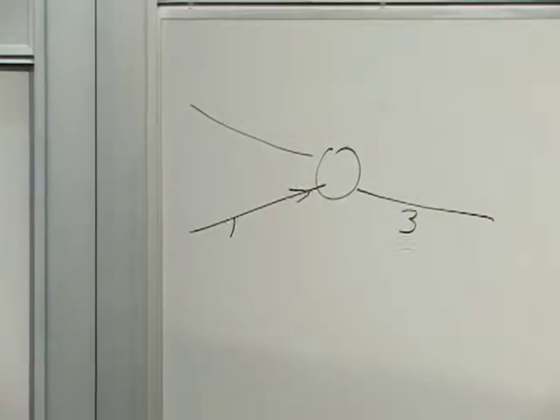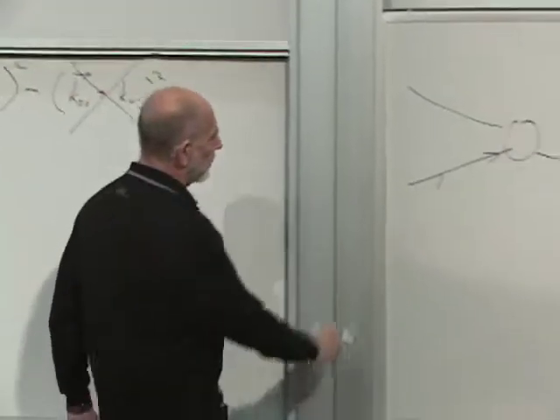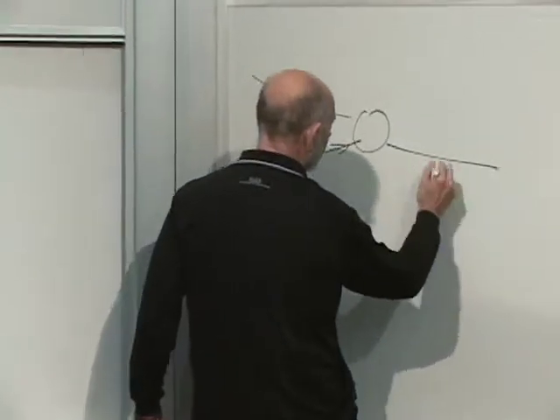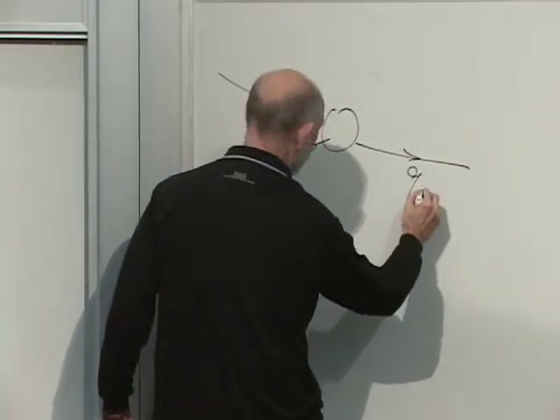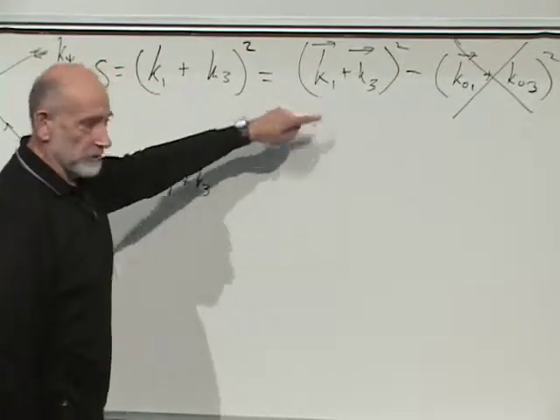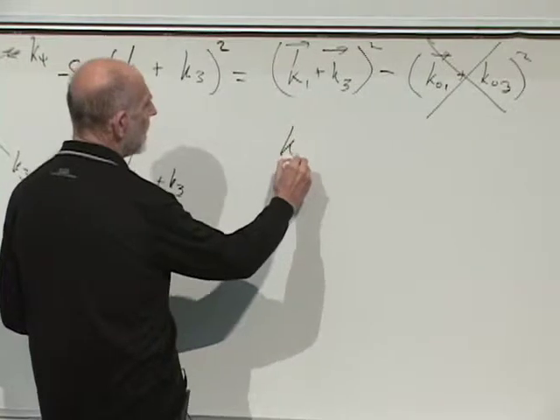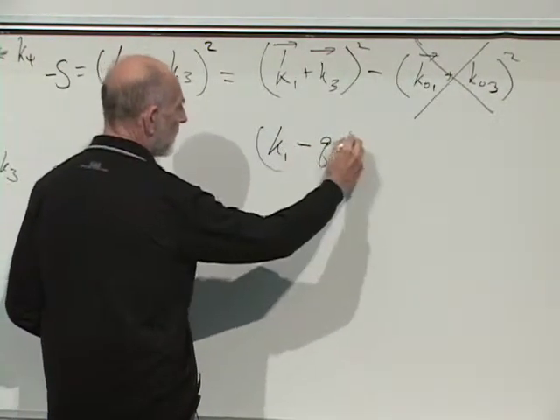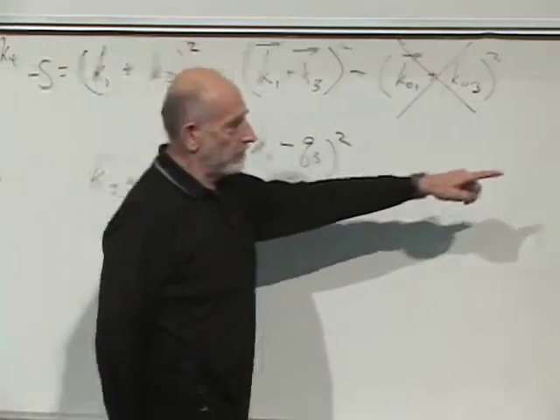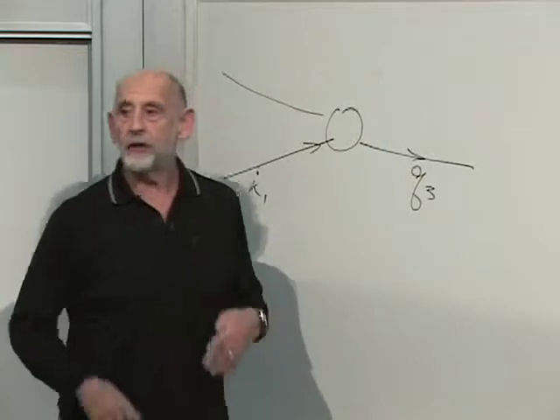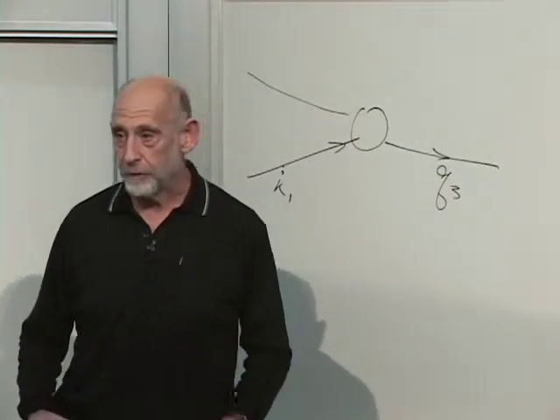If we label these particles with the K's, K1, and let's call this one now Q3, making it an outgoing particle, then really what this is is K1 minus Q3 squared. It's the difference of the momentum of the incident particle and the final particle. It's called the momentum transfer.